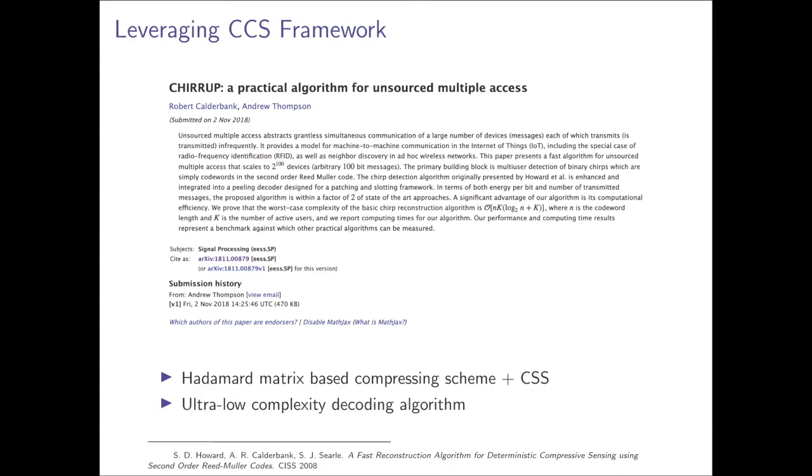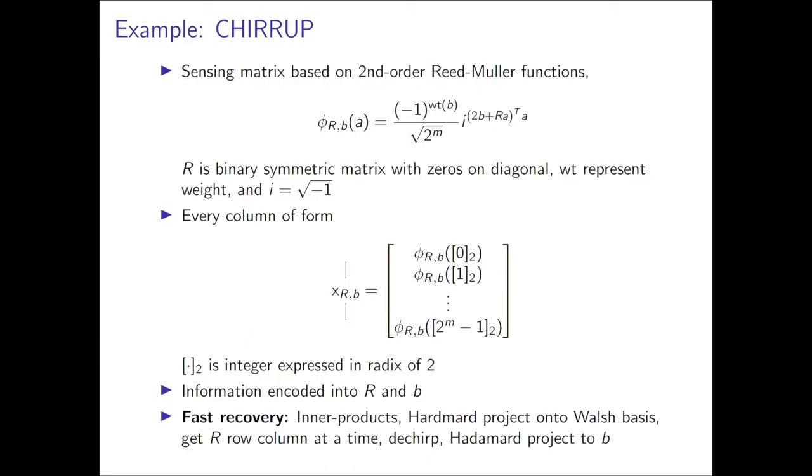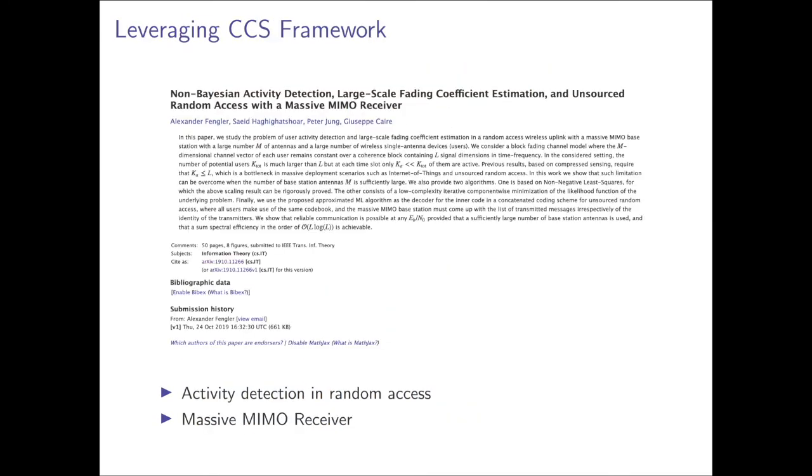It is based on the second-order Reed-Muller function, and to maintain the low complexity, it uses the Hadamard projection twice. As part of this scheme, the author used a tree code to stitch the different instances of the compressed sensing scheme together. A second area where ideas from tree code have been used is in unsourced random access with massive MIMO receivers.